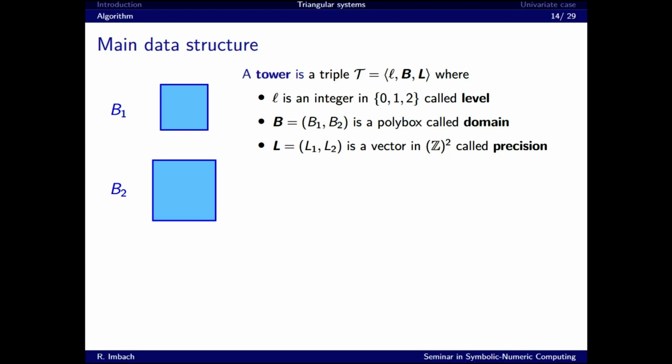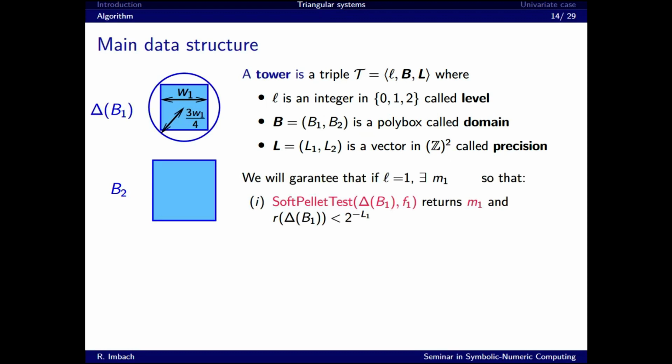So what we will do with these towers, we will guarantee that when the level is equal to 1, there will exist an integer m1, so that the soft Pellet test with this input, so the containing disk of B1 and F1, returns m1, and the radius of this disk is less than 2 to the minus L1, so the first element of the precision.